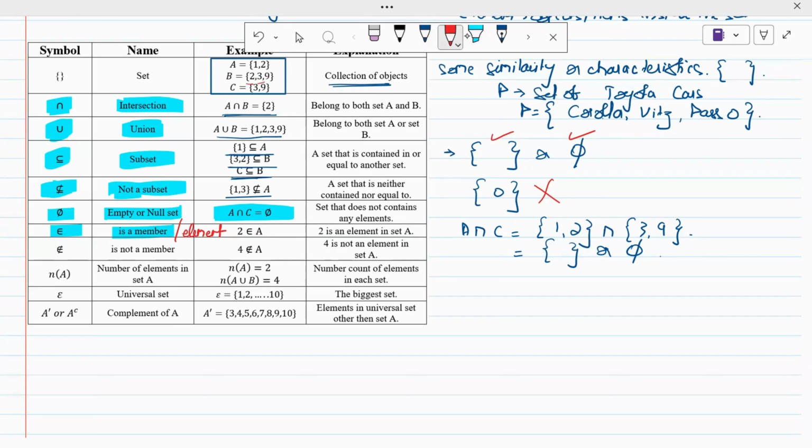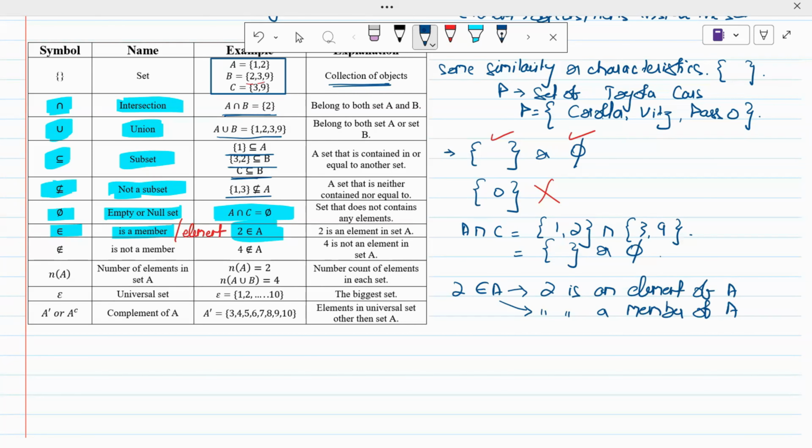If it is written as 2 belongs to A, either you read this as 2 is an element of A, or you may read this as 2 is a member of A. And there's one more way of reading this.